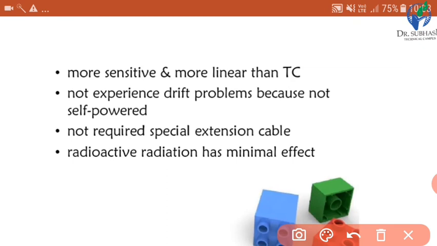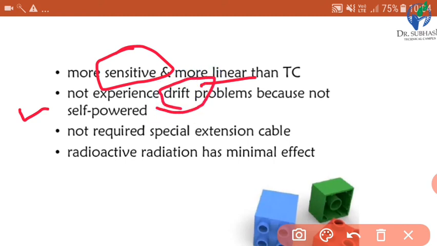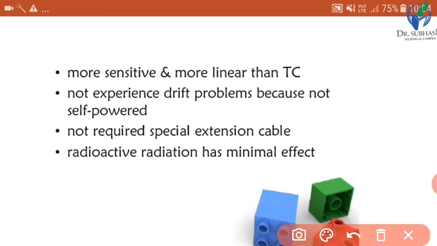Some other advantages are that it is more sensitive and more linear than a thermocouple. We have already seen that the relationship of temperature and resistance is linear and it is more sensitive. Next advantage is that it does not experience drift problems because it is not self-powered, so the drift problem is eliminated.